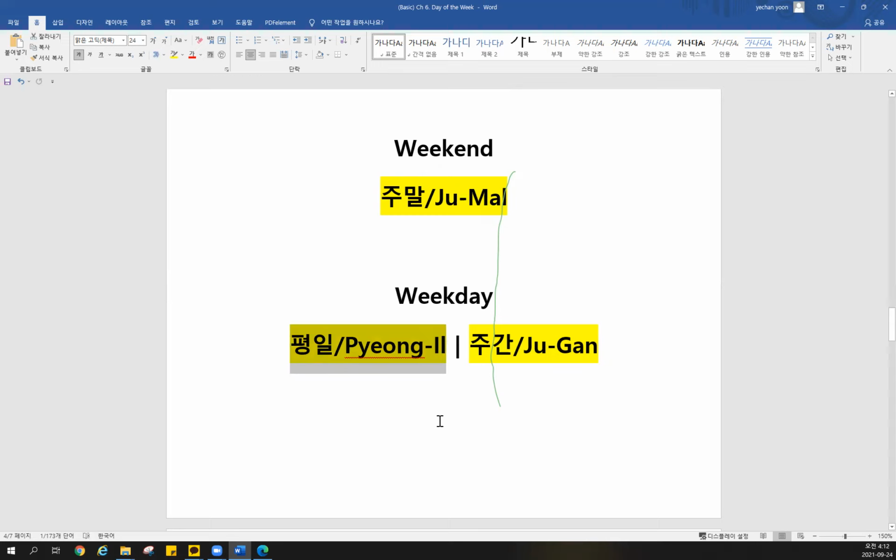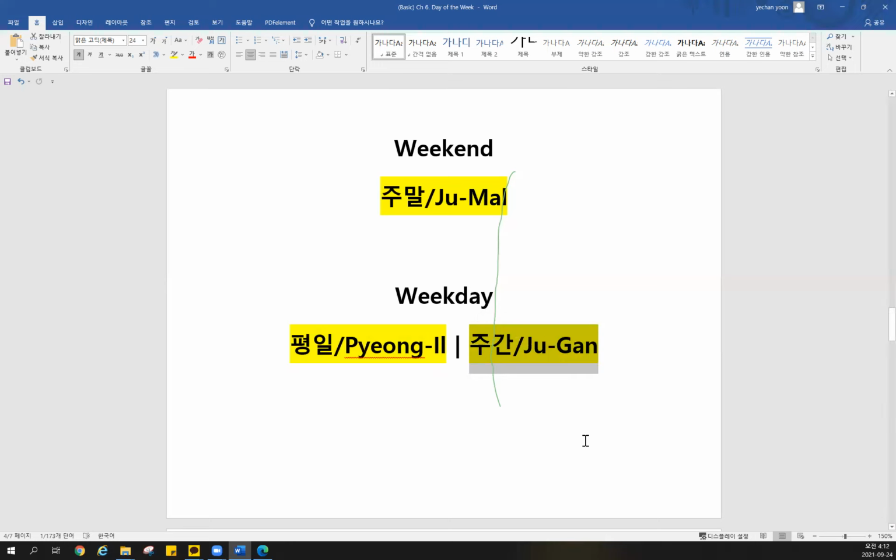So when you have a conversation with friends or other people, we use 평일 for weekday. But 주간 we usually use for writing. You can also use 평일 in writing, but 주간 feels like a more professional word for writing.